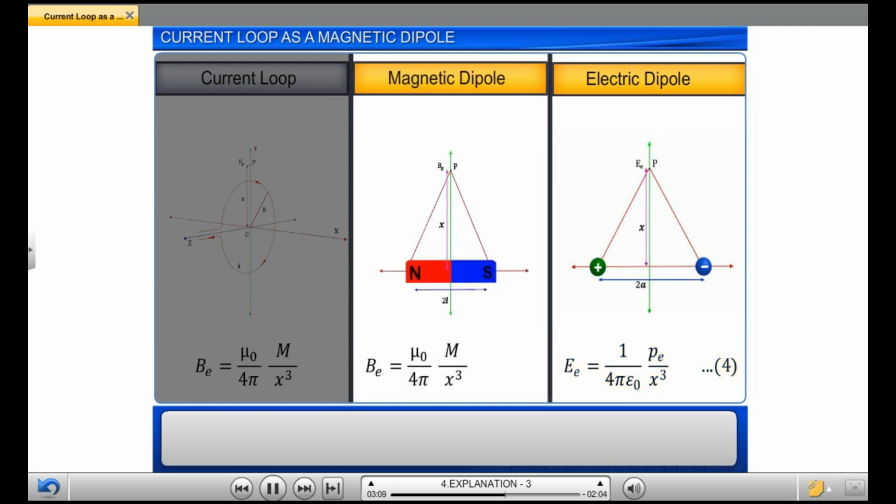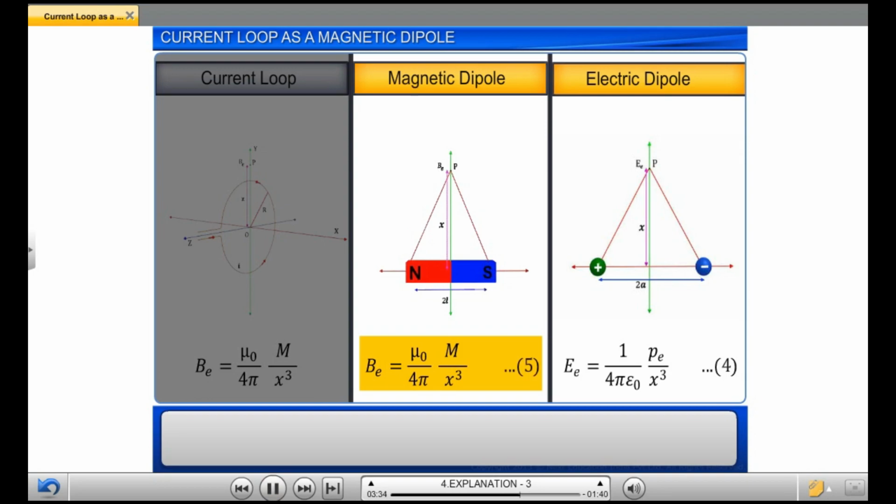Similarly, in case of a magnetic dipole, the magnetic induction at a point on the equatorial line at a distance x from the center of the magnetic dipole is BE is equal to mu naught by 4 pi into M by x cube. Let this be equation 5.